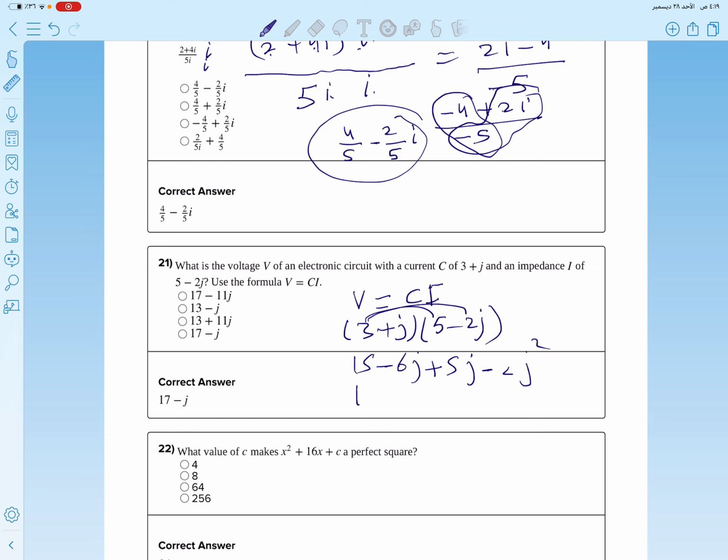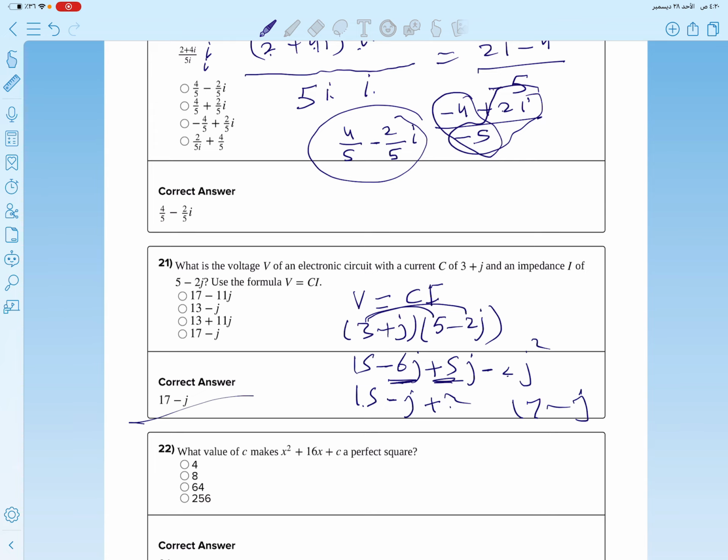Now 15 minus j, because negative 6j and 5j is negative j, and we have here negative 2j squared, which is going to be positive 2. Now 15 plus 2 is 17 minus j.